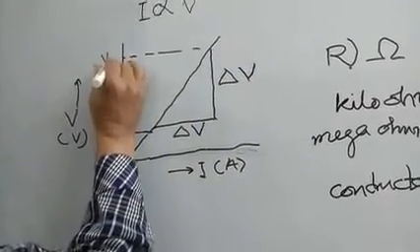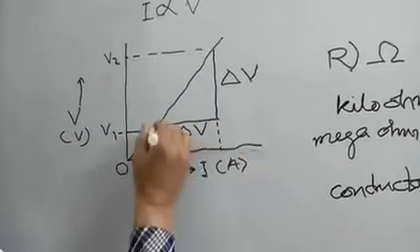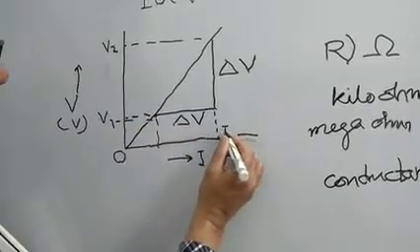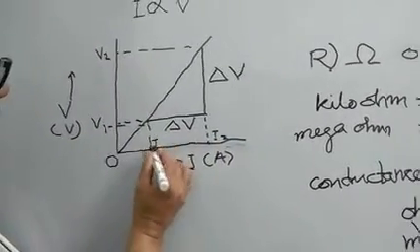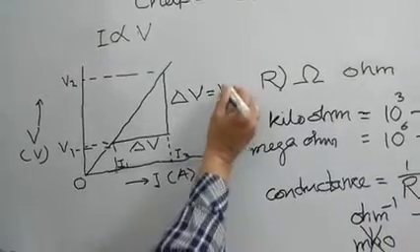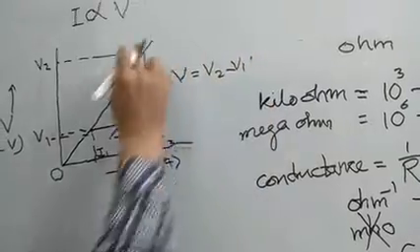If this is V2 and this is V1, similarly, if this is I2 and this is I1, then delta V would mean V2 minus V1, the difference of these two values.